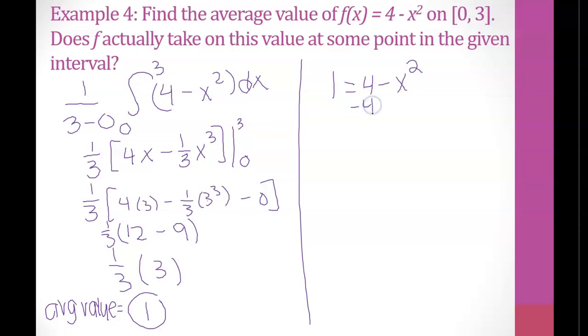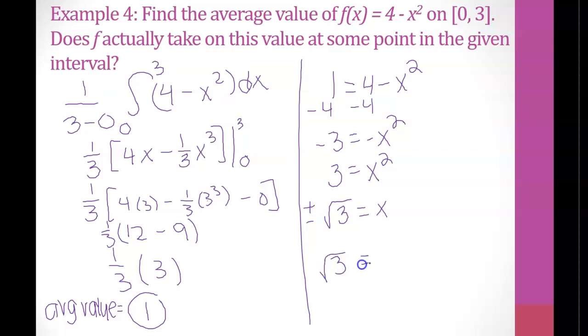Subtract 4. Negative 3 equals negative x squared. 3 equals x squared. X equals plus or minus the square root of 3. But again, we know that the negative square root is not on the 0 to 3 interval. So it takes it on at root 3.